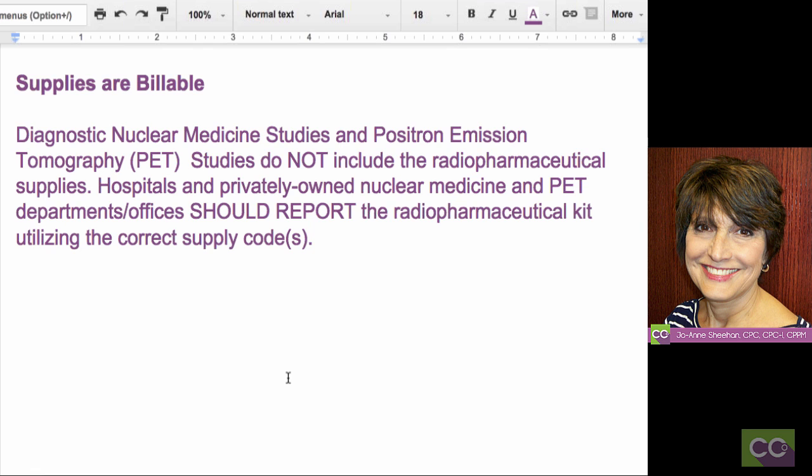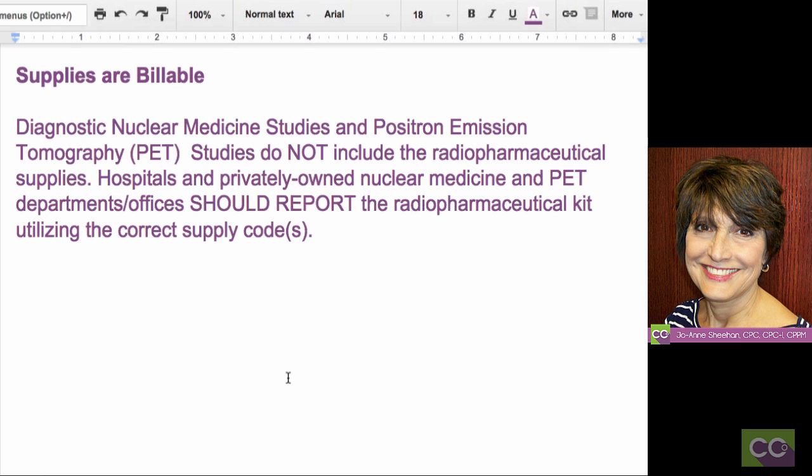And I should have put here, you would get that out of the HCPCS manual. And that's very important, because there are some things that are bundled into a study. However, in this case, these two tests in particular, you can bill for the kit, and that would be in the HCPCS code.